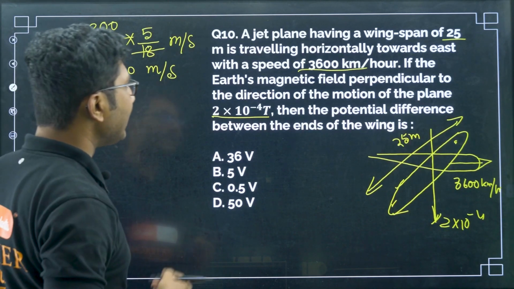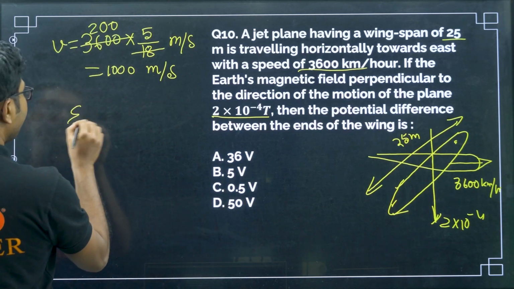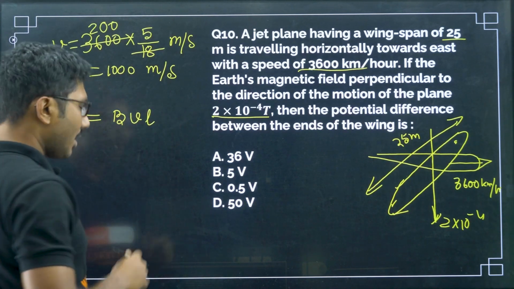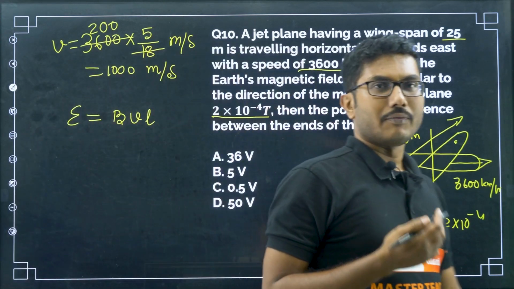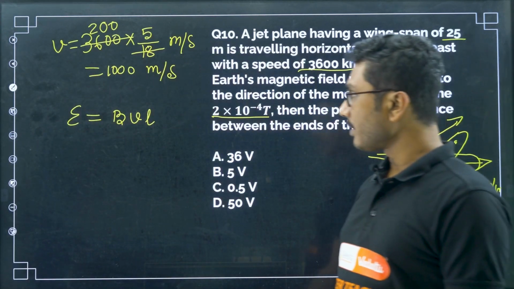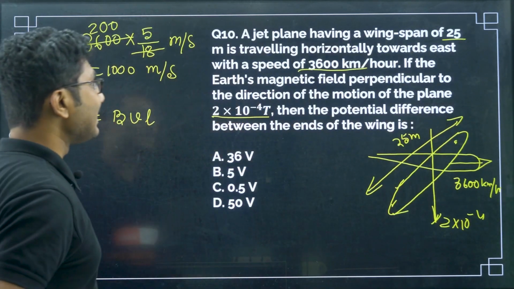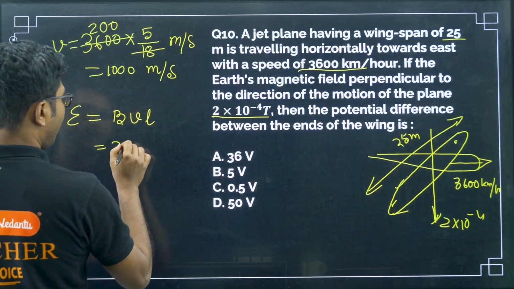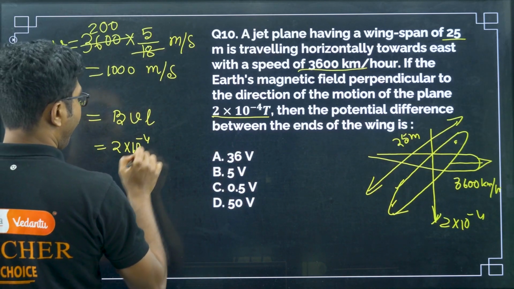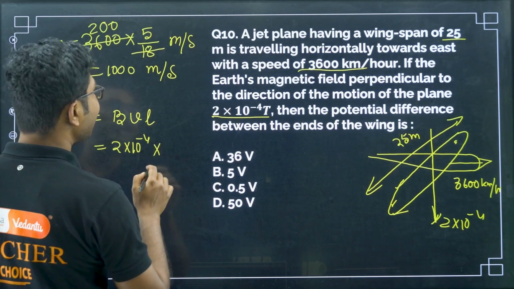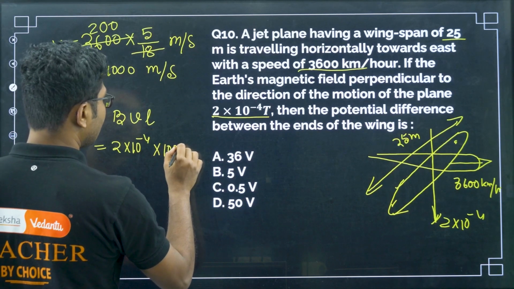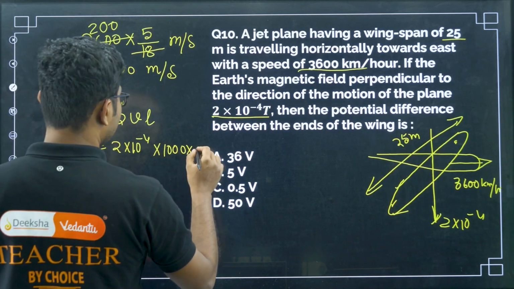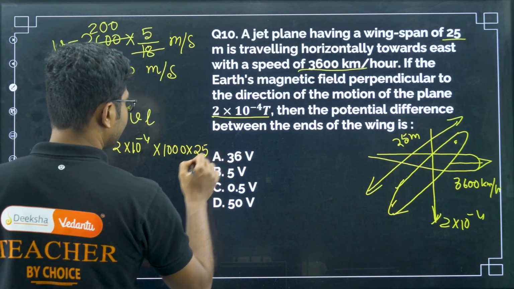So, this is the speed V. Now, what is the induced EMF? In this case we know that induced EMF is BVL, okay. BVL is the formula to calculate induced EMF. So, what is B? B is given by 2 times 10 to the power of minus 4, okay, and V is given by 1000 and L is given by 25 meters, okay.